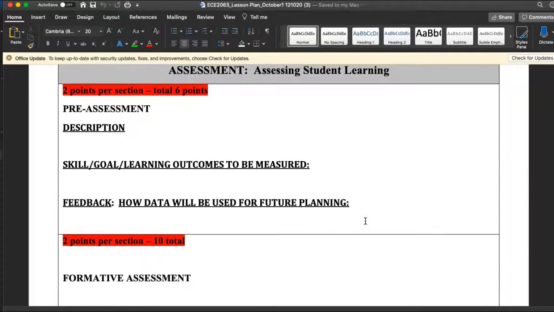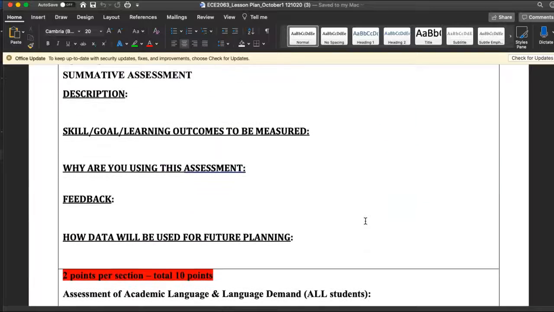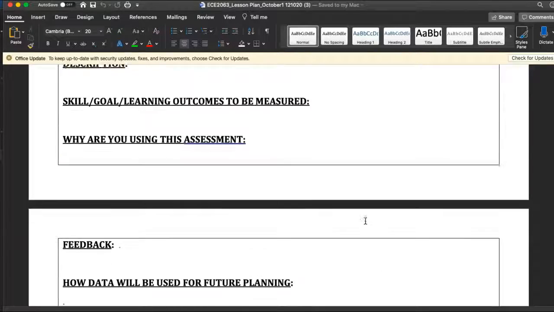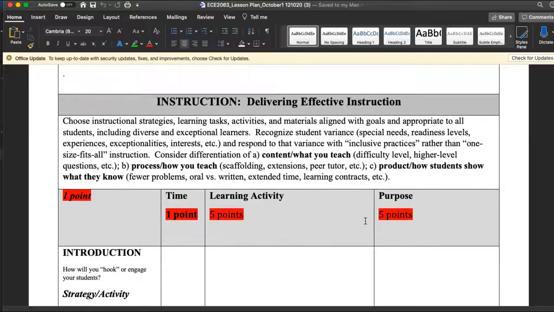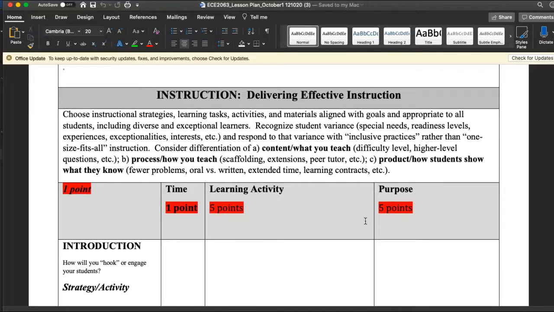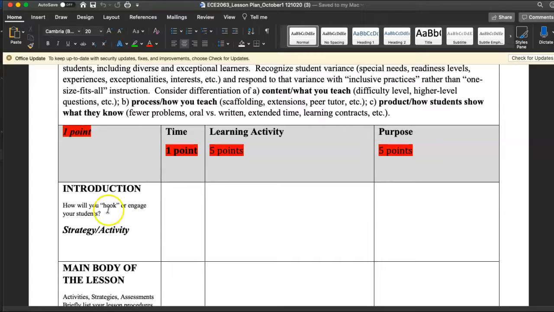We did the assessment sections in week 4. Now we're going to talk about the instruction piece. You have the introduction of your lesson. How are you going to hook them? What learning activity is going to hook them?